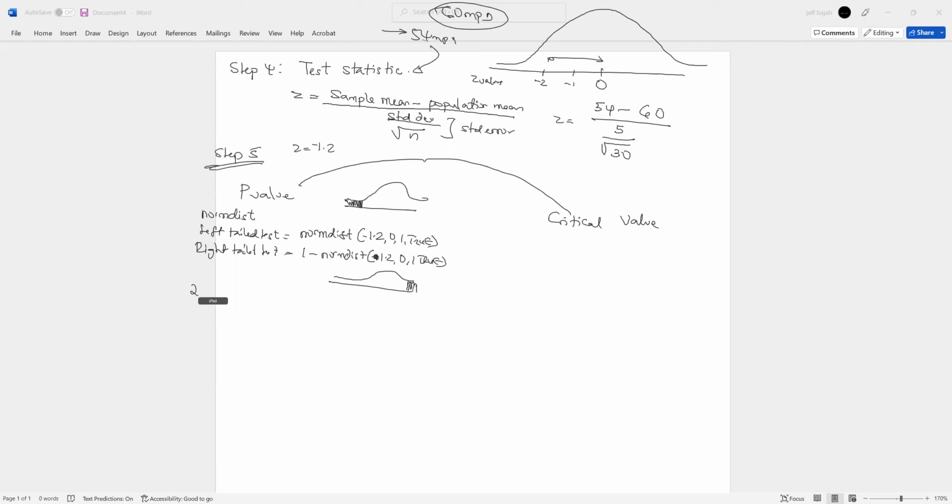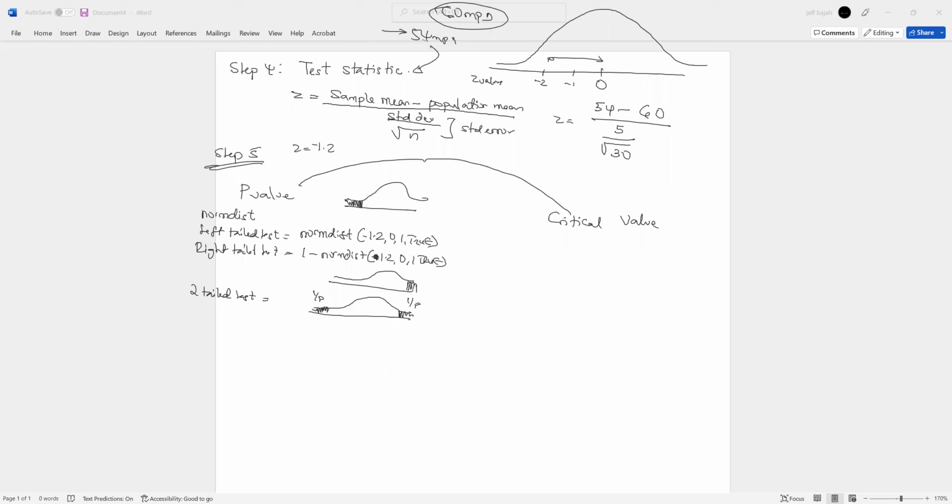Now, if it's a two-tail test, this is different. In a two-tail test, you have a value here and a value here, so this is going to be half of p, and this is half of p. Pay attention here, this is where students get a little bit confused.